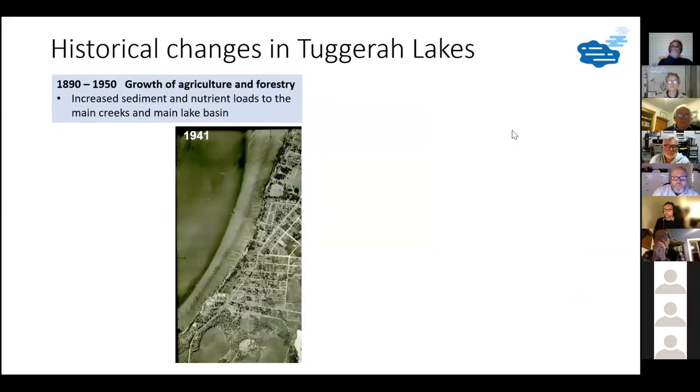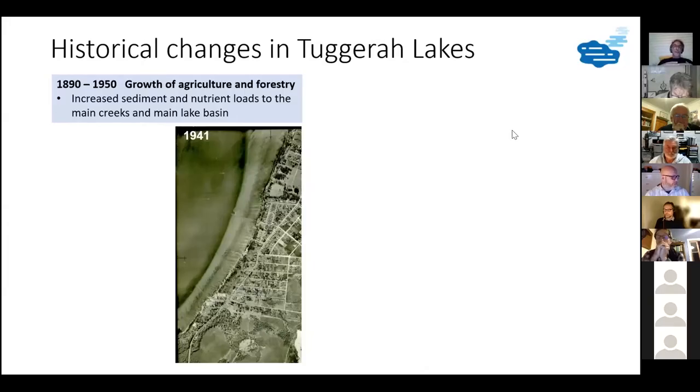So just to touch on, notwithstanding that, what we did as part of this was to have a look at available anecdotal evidence and historical photos to try to get an idea of what the lake looked like before its current state. In the 1940s, we're in the middle of this phase of growth of agriculture and forestry, largely within the rural catchment.